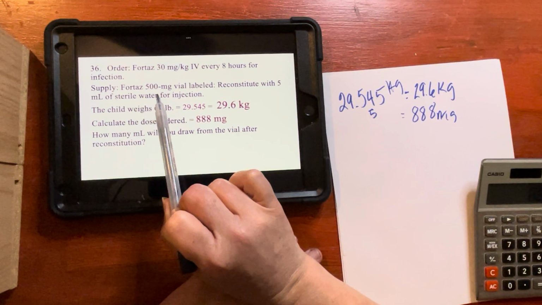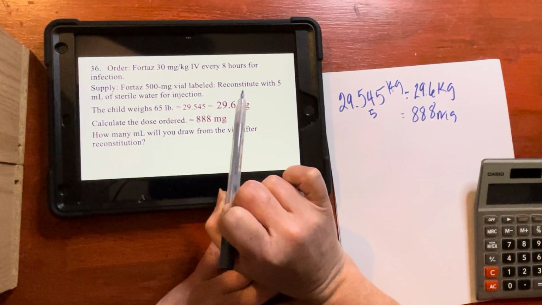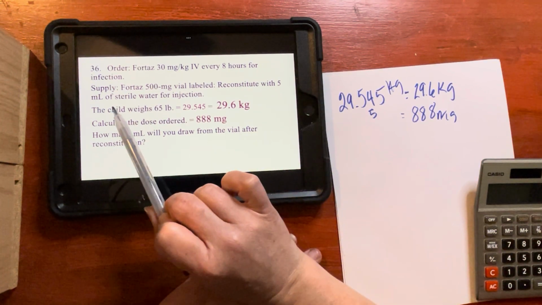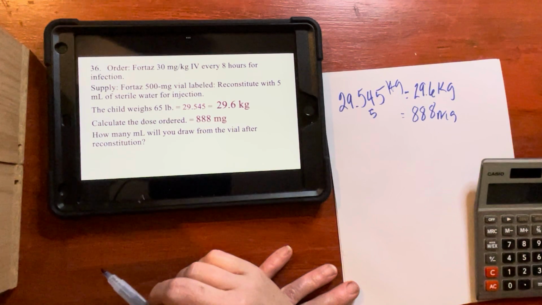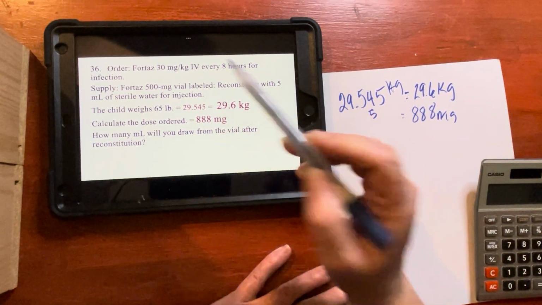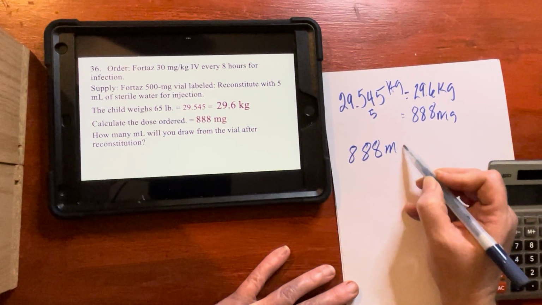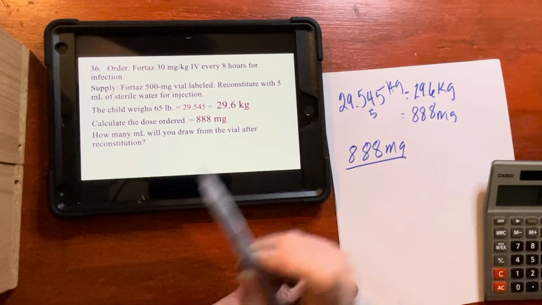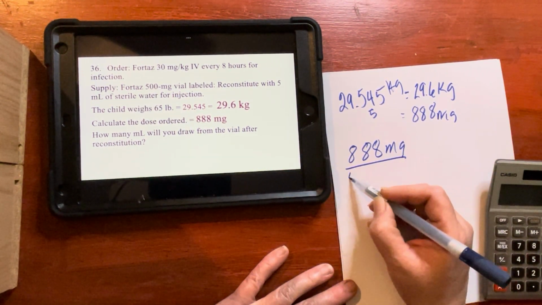The vial says it's 500 milligrams on the label, and we got to reconstitute it with 5 milliliters of sterile water. So using the information that we have here, we know the dose ordered, or what the doctor wants, is 888 milligrams given to that child. What we have in our hand is 500 milligrams.